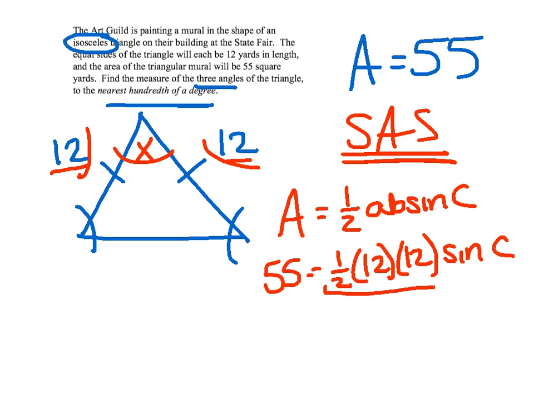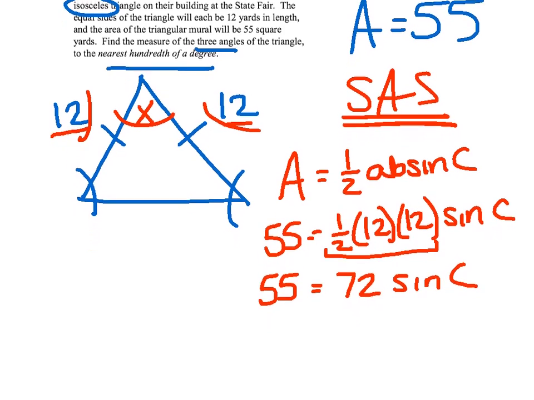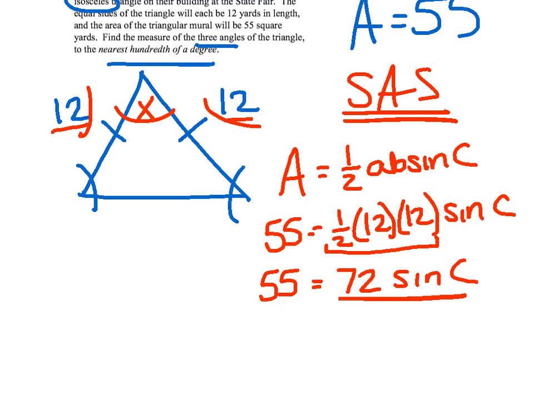Alright, so I'm going to type these numbers in together. So I've got 55 equals, half of 12 is 6, times 12 is 72, sine C. Divide both sides by 72.